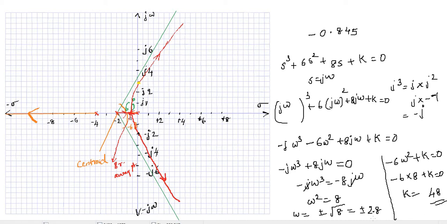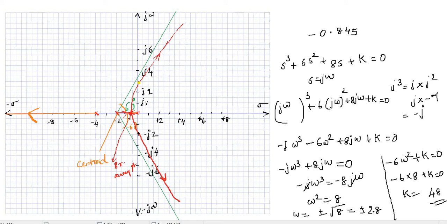And what is the crossing point? Which one is the crossing point? We know that this is the crossing point of j omega axis. At this crossing point, the real part will be 0.